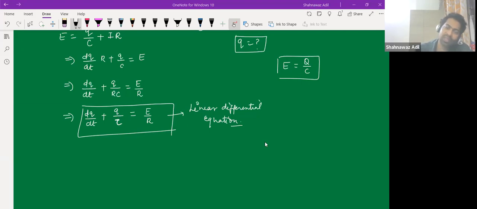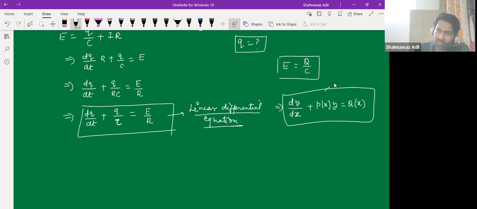So this is a linear differential equation because it is in the form of dy by dx plus some P(x)y is equal to some Q(x). This is a linear differential equation, and to solve it, we calculate the integrating factor.